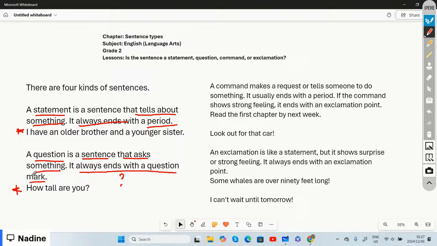And then we have a command. The next sentence is a command and it makes a request. It's like saying, I command, but it's not like them stressing, I command you to do this. No, it makes a request or it tells someone to do something.